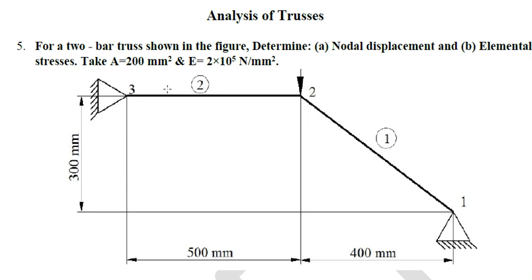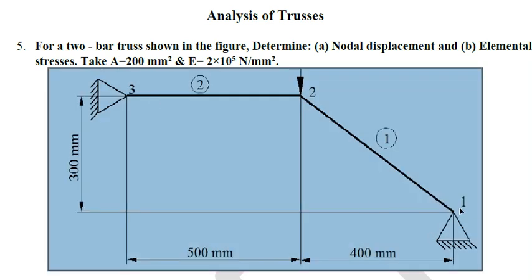The analysis of truss is 2D because each truss member will have displacement in 2 directions. Trusses are structural members in which there will be displacement in 2 directions. Here one truss is shown which has node 1, node 2, node 3, having 2 elements, element 1 and element 2. It's a simple truss element.